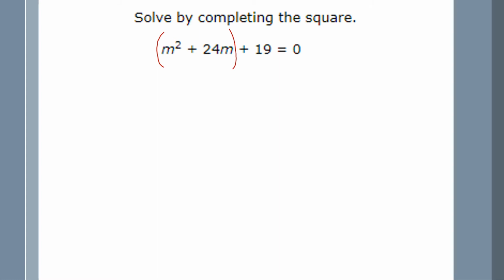So what you're going to do is take the b term and simply divide it by 2. 24 divided by 2. And then, of course, you square it. Alright?